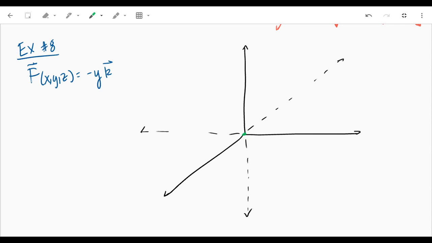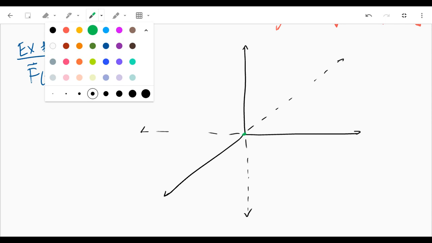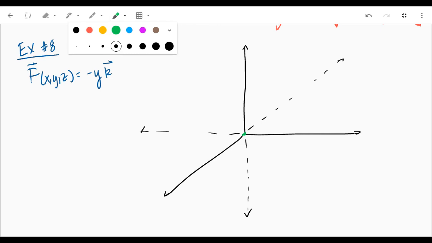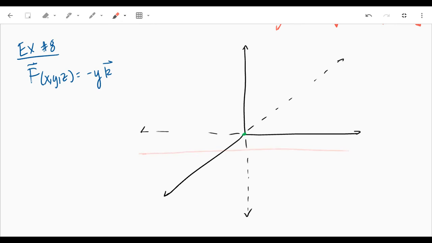I'm going to draw in some grid lines here. Let's do like a highlighter light. Oh, I don't want to use green though. Let me do pink, maybe so that the green contrasts with it enough. So like kind of a grid along the floor here, including the negative ones.